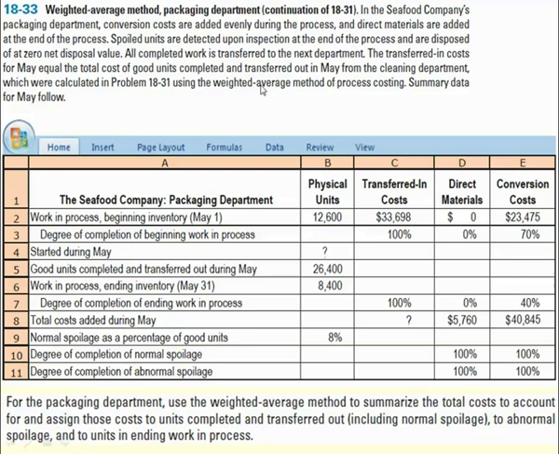And the problem said that the transfer in costs for May equals total cost of good units completed and transferred out in May from the cleaning department.